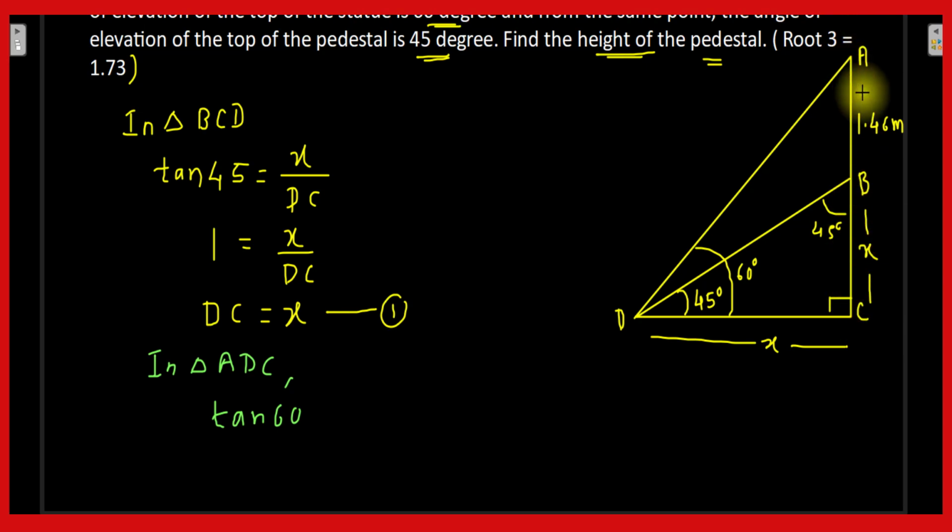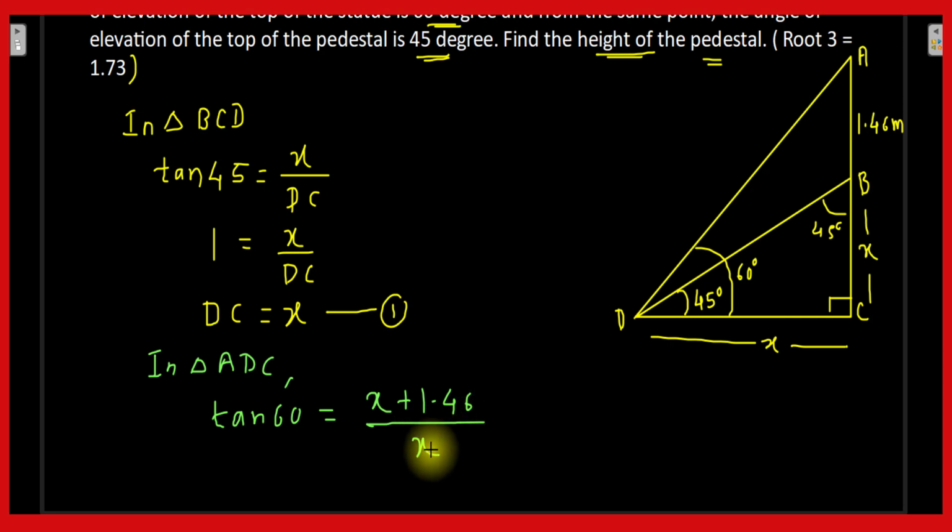This total will be the opposite side, so it will be x plus 1.46, upon adjacent, and that adjacent will be x.